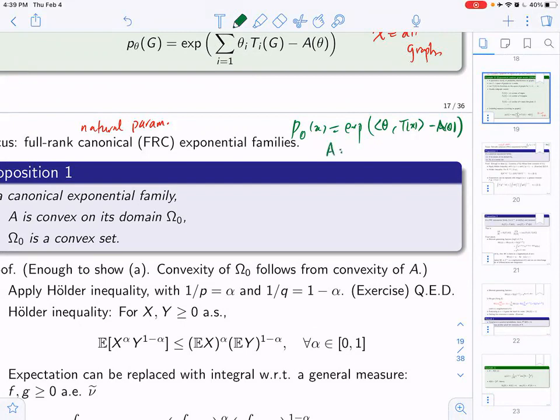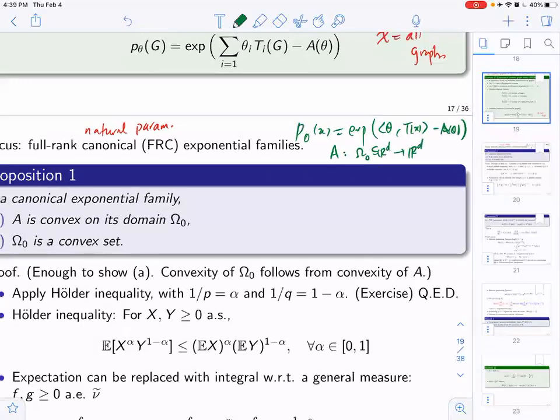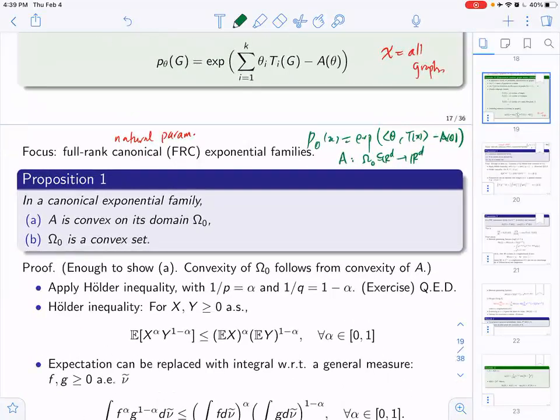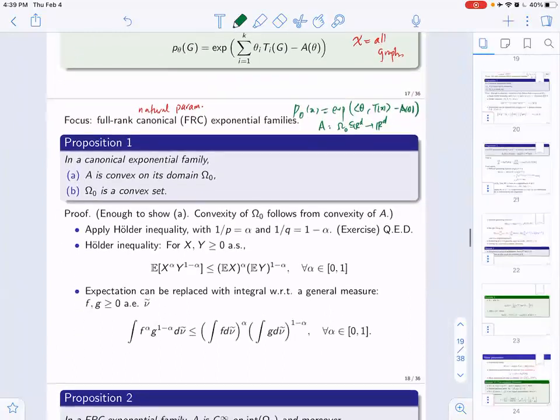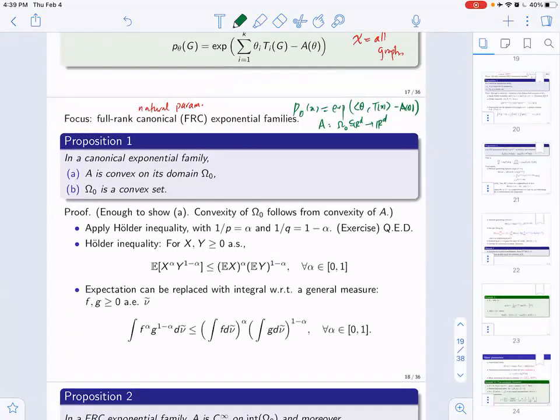So A maps some subset of R^d to R. So this multivariate function is convex on its domain, which is Omega naught, the set of all theta such that A is finite. And this domain itself is a convex set. And this is a consequence of Holder's inequality. And I believe you're going to prove it in your homework, or you could do it as an exercise.